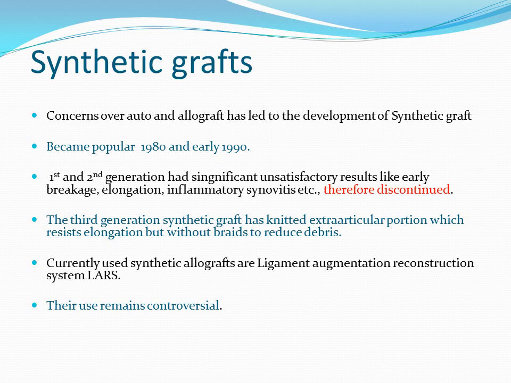The third generation synthetic graft has a knitted extraarticular portion which resists elongation, but without a brace to reduce debris. Currently used synthetic grafts include the ligament augmentation reconstruction system (LARS). At the moment, they remain controversial and are not commonly used in our part of the world.